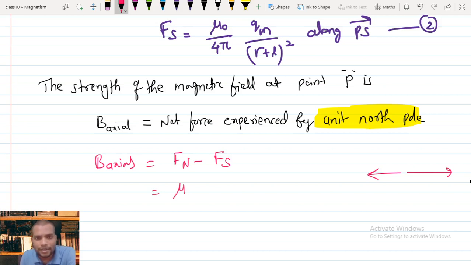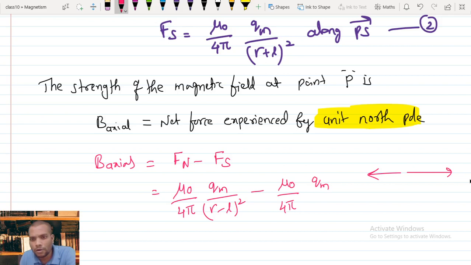That is mu naught upon 4 pi times Qm upon R minus L whole square, minus mu naught upon 4 pi times Qm upon R plus L whole square.